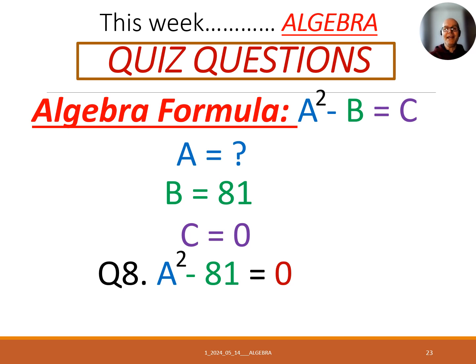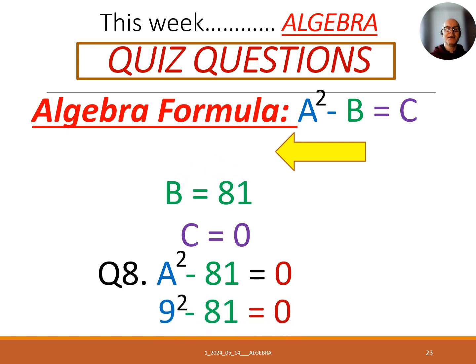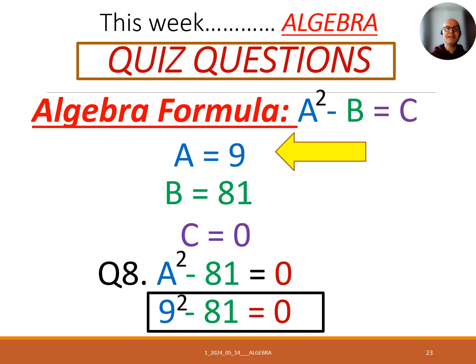So we know that A squared is going to have to be 81, because 81 minus 81 is going to equal 0. So which number squared is 81? So that's 9. So 9 squared minus 81 equals 0. 9 squared is 81. 81 minus 81 equals 0.